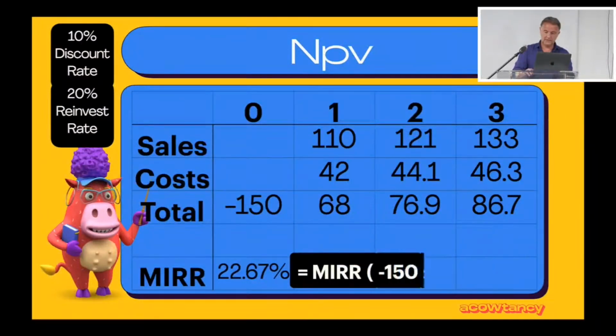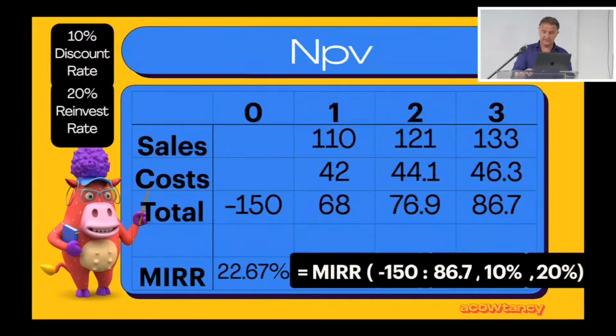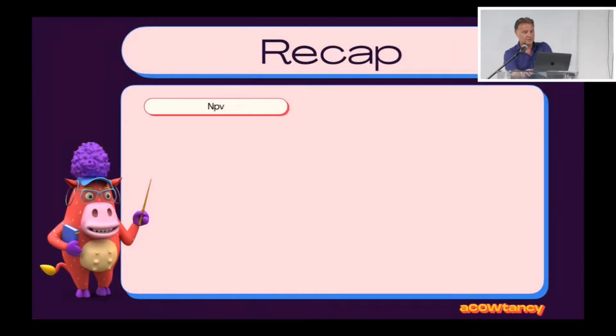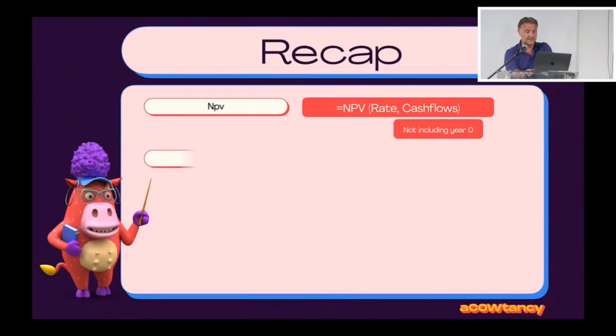Comma, the figures that you're doing it on, comma the discount rate, comma the reinvestment rate if given. Recap, net present value, NPV, rate, cash flows. Does that cash flows include year zero? No. Okay, because year zero is already discounted down. IRR, how do you calculate it? What's the formula?